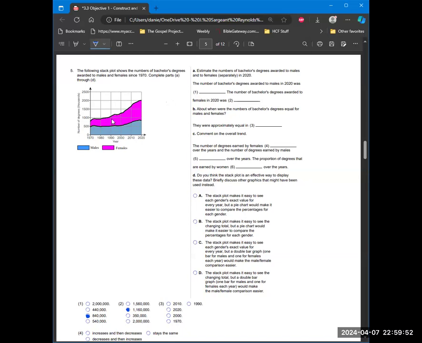So this right here in 1990, it looks like this height and this height are pretty close to being the same. So yeah, I'm going to guess 1990 is my answer here. And you would just have to compare the heights of the bars, that there's more men than women here before 1990, and then it looks like there's about the same there, and then women start to take over and get more bachelor's degrees than men after that.